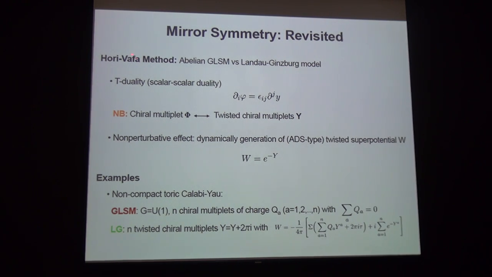When you use this Hori-Vafa mirror map, we can easily construct the Landau-Ginzburg theory, which is a mirror to this supersymmetric gauge theory. And this Landau-Ginzburg theory involves n twisted chiral multiplets satisfying these periodicities, and the twisted superpotential is given by this one. So this is the Landau-Ginzburg theory mirror to this gauged linear sigma model.